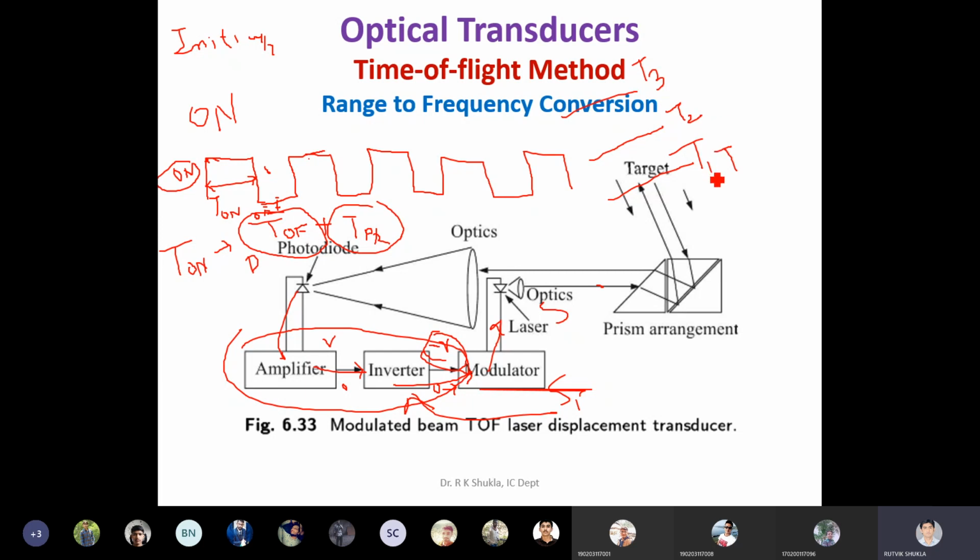Suppose I change the target from T1 to T2, what happens to the on time? Whether it increases or reduces? Increases. Okay, are you agree with this? Yes, sir. Okay, he is agree.